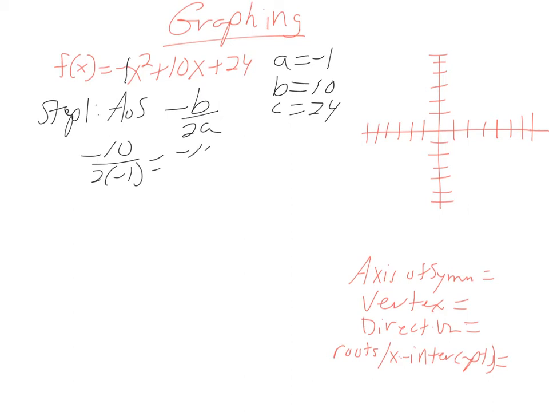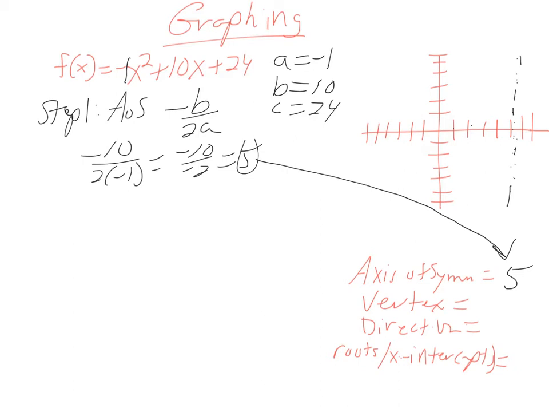That's negative 10 over negative 2, which would be 5. So that's my axis of symmetry. I can put my answer right there. So I go to 5, 1, 2, 3, 4, 5, and put my dashed line the best you can.